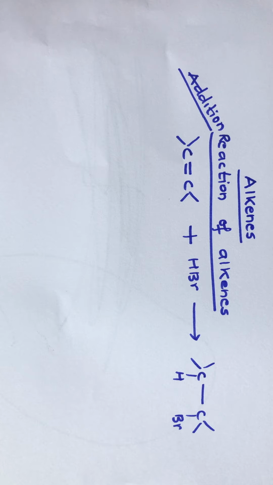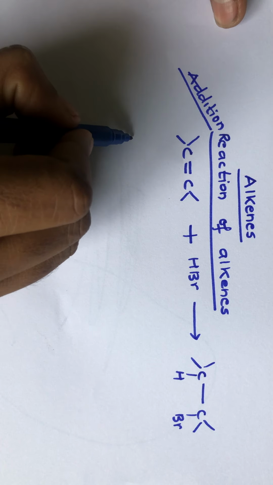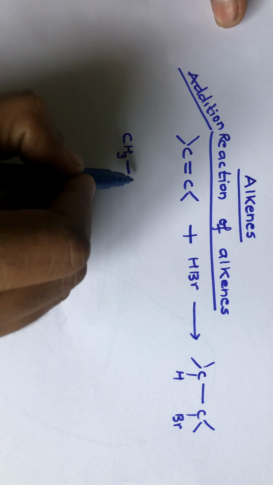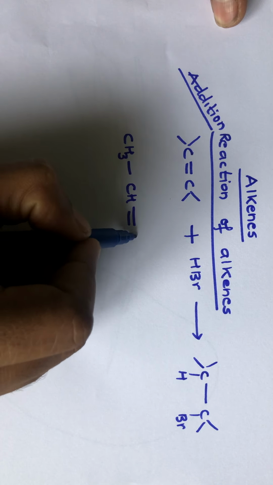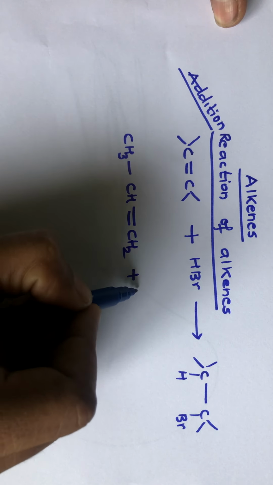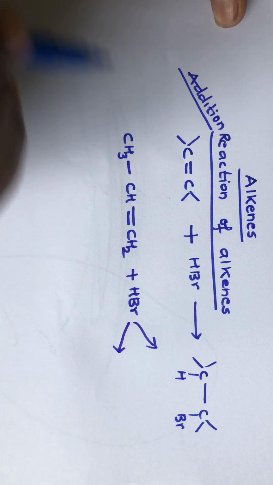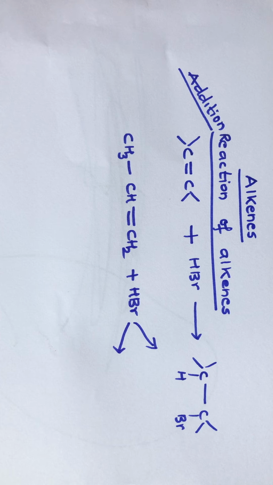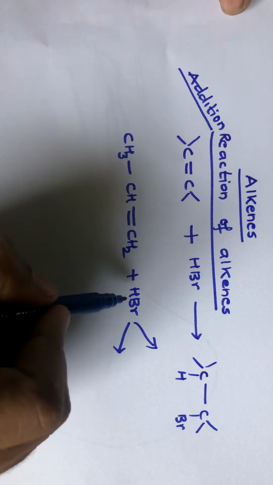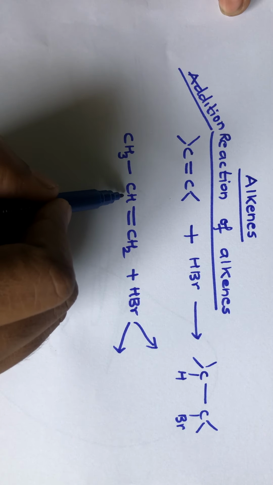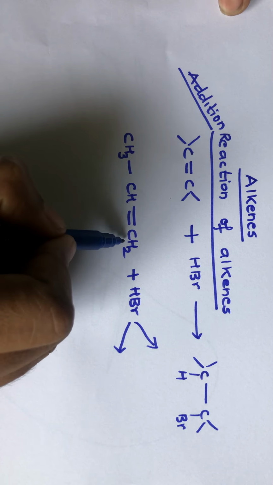Now, if we have this compound CH3, CH double bond CH2, and I add HBr, what happens? If hydrogen attaches to this carbon, then Br will get attached to this carbon.